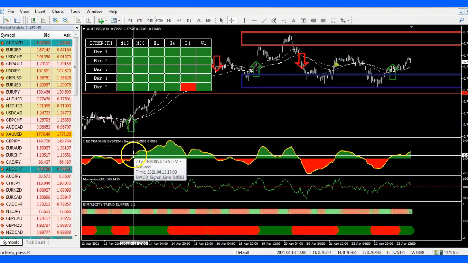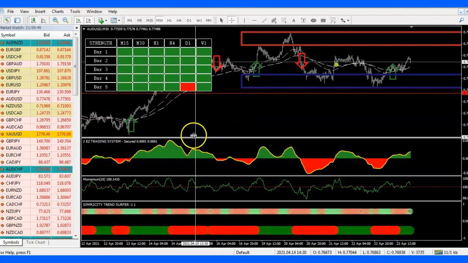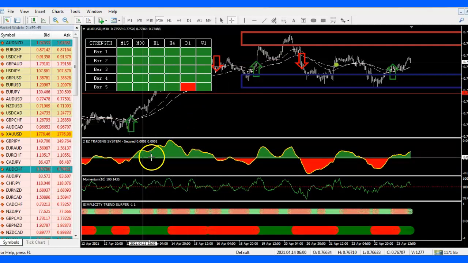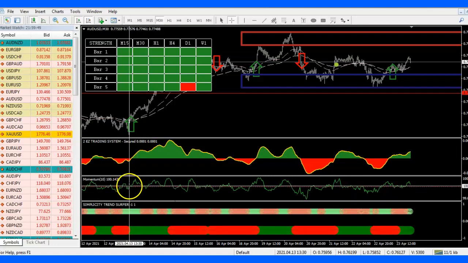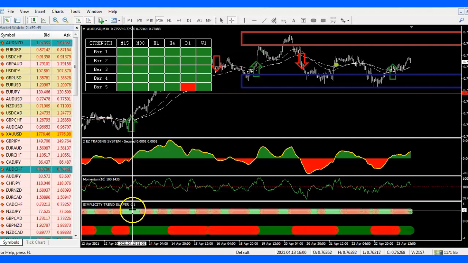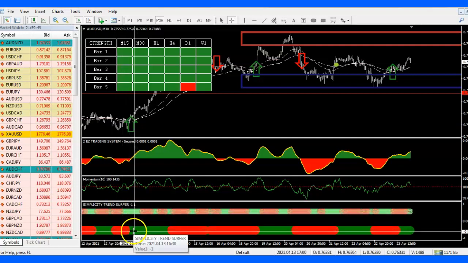Normally Simplicity doesn't come with the MACD, but I will have this because this one is free. So I will see if the momentum is above the 100 line, and then the Trend Surfer in short term is green. Long term is green.